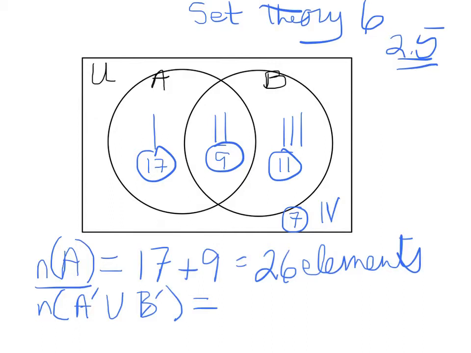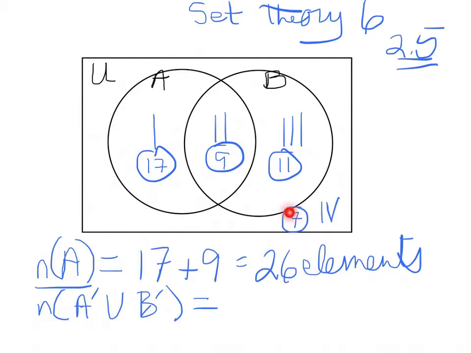And so we have to take A complement, which is going to be these elements right here, 11 and 7, so that'll be 18. And then B complement, which will be these elements right here. And what we see is there are 24 there.